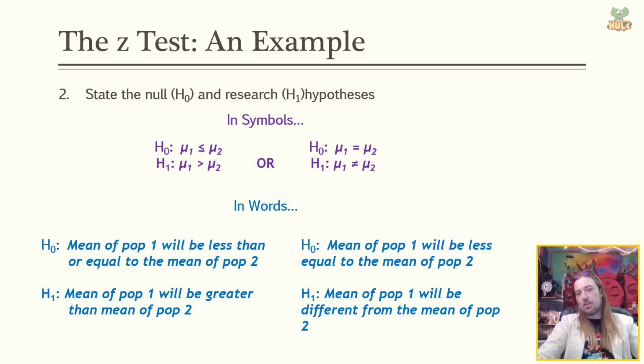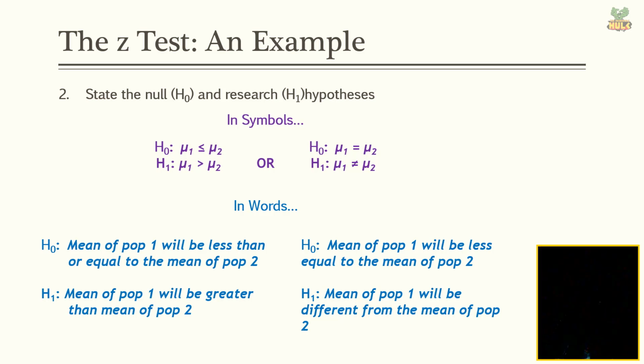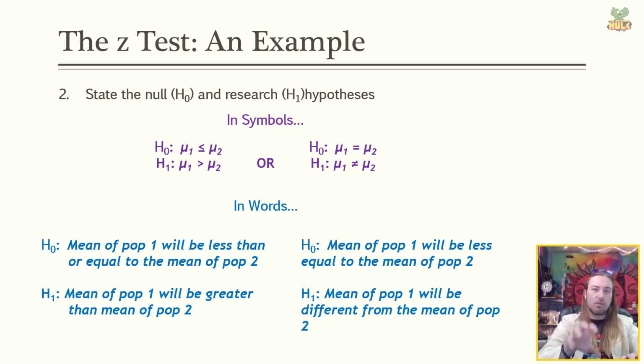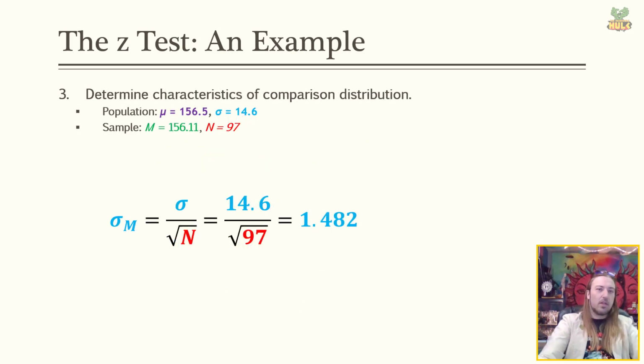The null hypothesis then being that the average of UM Dearborn students will not be different from the average of the nation on this particular test. So directional, non-directional hypotheses, hypotheses in symbols, hypotheses in words, right? Make sure you sort of know how to think about your hypotheses in all of these ways, and start to think about the difference between a directional and a non-directional hypothesis, because it's about to become relevant.